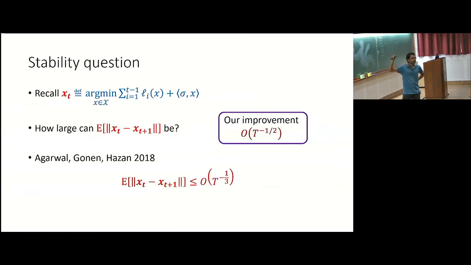Assuming I'm able to implement the follow the perturbed leader algorithm, then whatever I told you is true. But implementing the algorithm may not always be obvious because this involves non-convex optimization. Okay? And when we go to the application, one of the example applications that I'll mention, I'll describe how to solve these kinds of non-convex optimization problems arising in that particular setting.